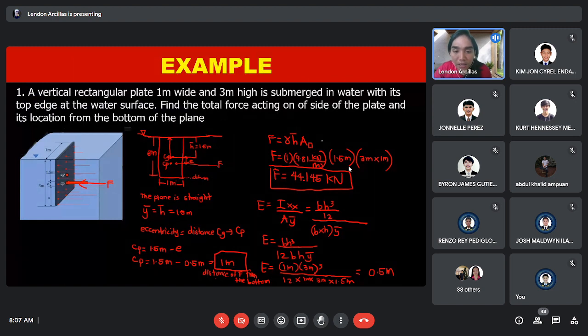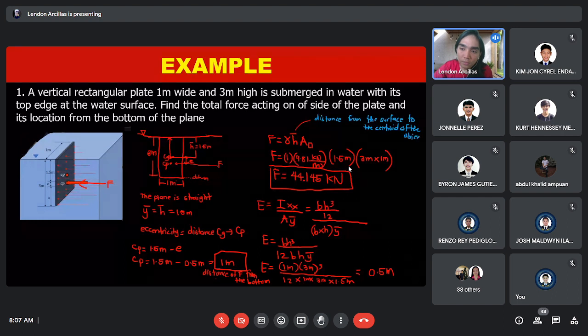H bar is the distance from the surface to the centroid of the object submerged. Okay? So there are times ng object ay nasa surface.